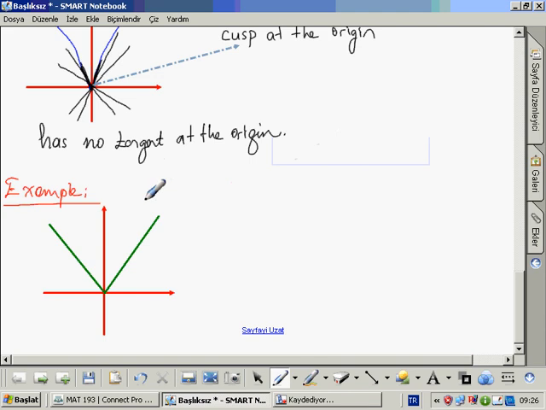And this is y equals absolute value of x.